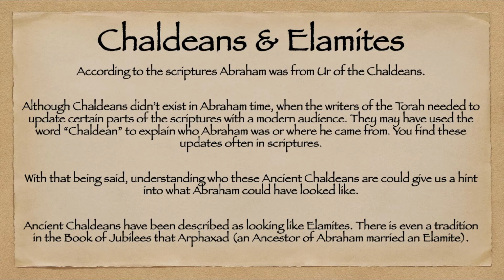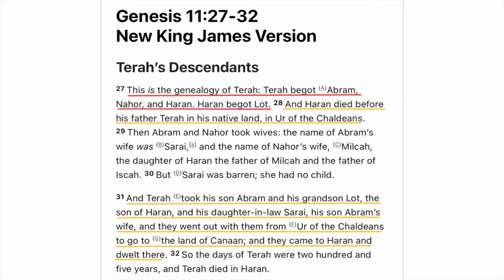But anyways, with that being said, understanding who these ancient Chaldeans are could give us a hint into what Abraham could have looked like. Ancient Chaldeans have been described as looking like Elamites, which is really interesting. There's even a tradition in the book of Jubilees that Arphaxad, an ancestor of Abraham, married an Elamite.